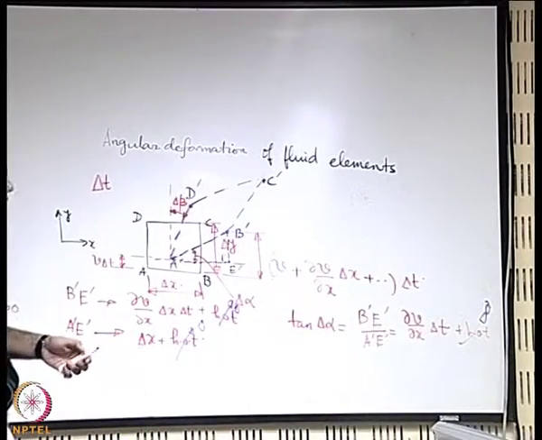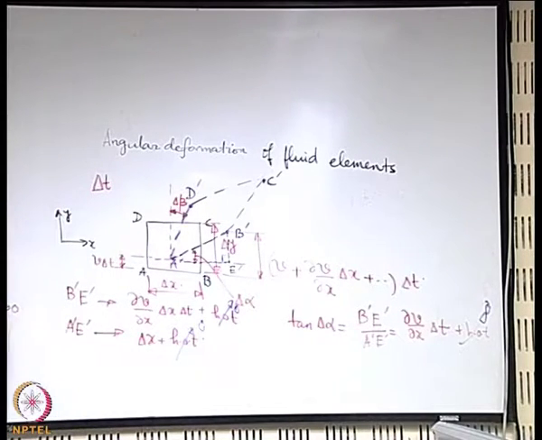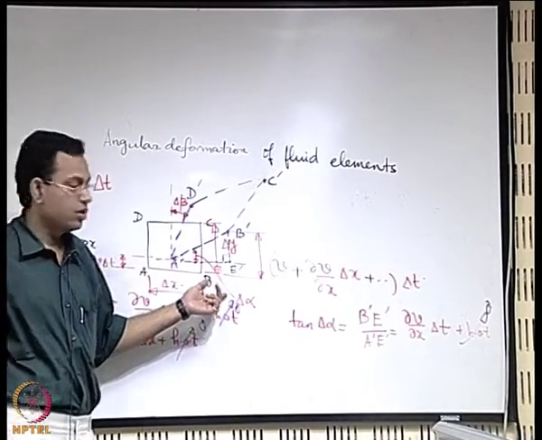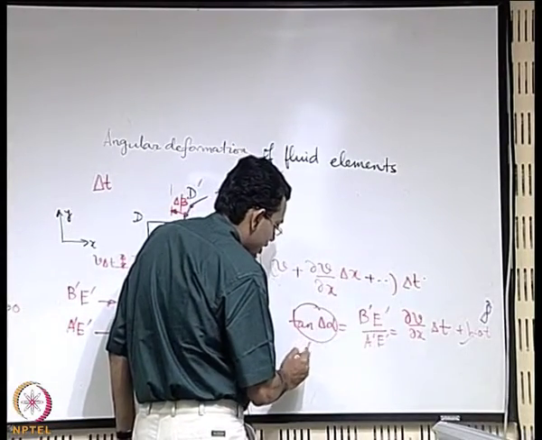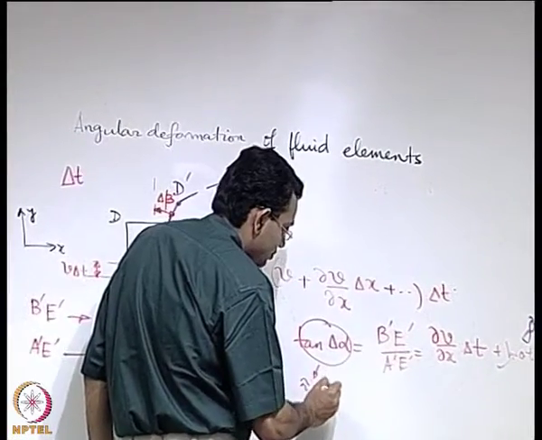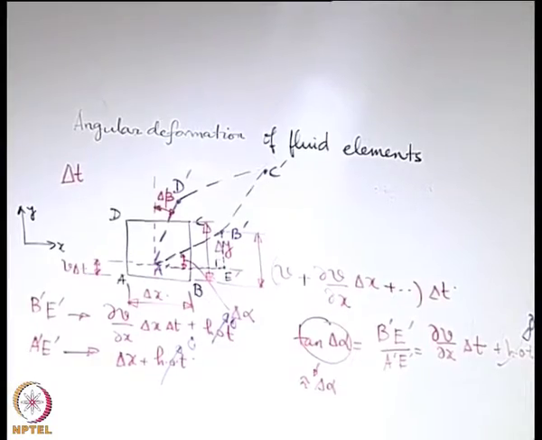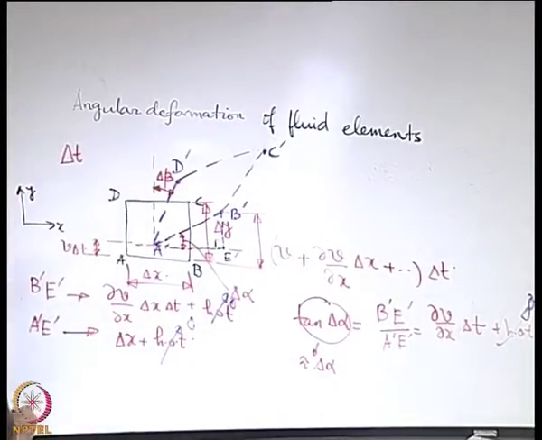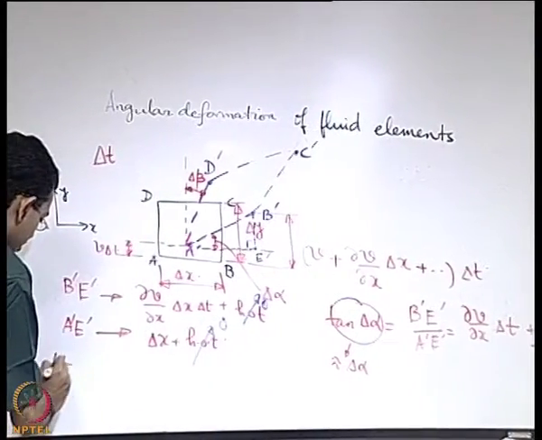Now, as we know, if we are allowing a very small time interval delta t, this angle delta alpha also will be very small. So, in that case tan delta alpha is as good as delta alpha. The conclusion from this expression is that we can write this with limit as delta t tends to 0.